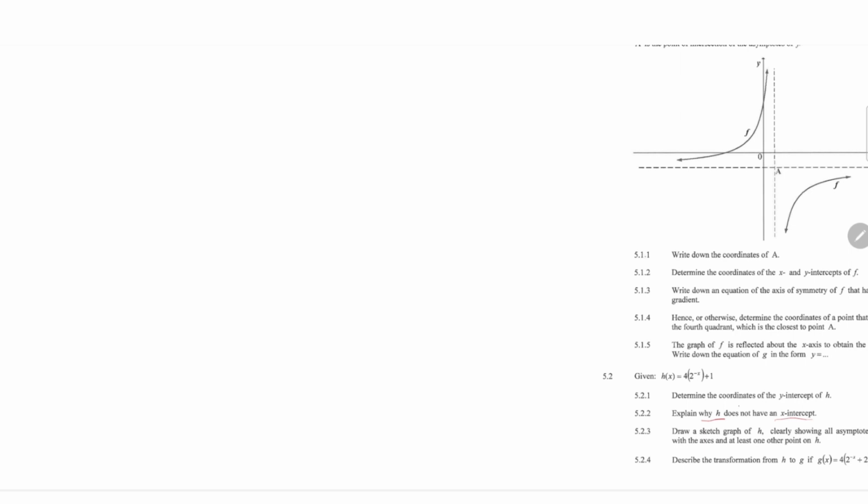Okay, so what do we know? We do know that the y-intercept is (0, 5). We got that from question 5.2.1. And we know that we have an asymptote.